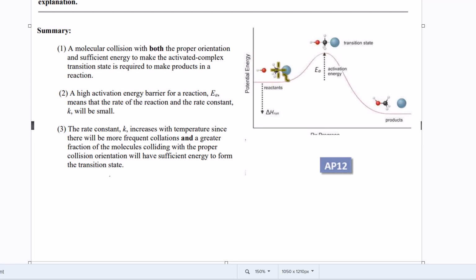If that collision is fast enough, has enough kinetic energy, enough velocity, and mass also for kinetic energy, and it's at the right orientation. You have to have both. You have to have a great collision, and the collision's got to be so the geometry is right: the right substances, the right part of the molecule hitting the other right part of the molecule.